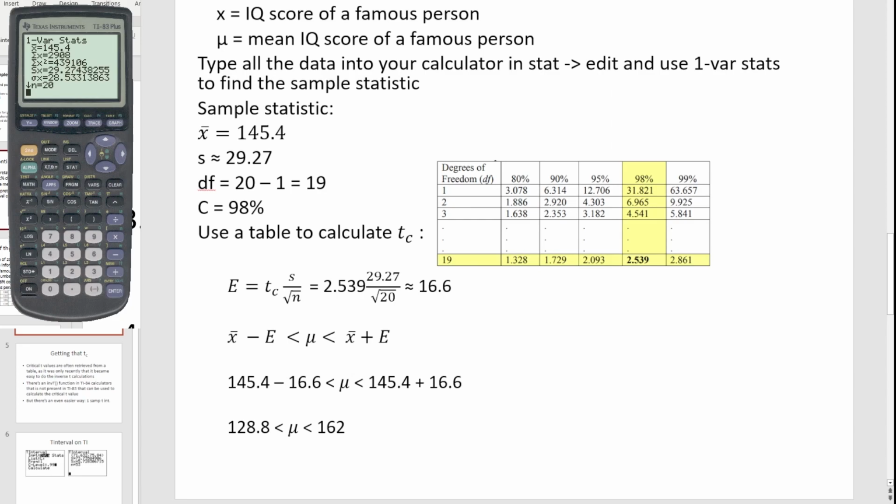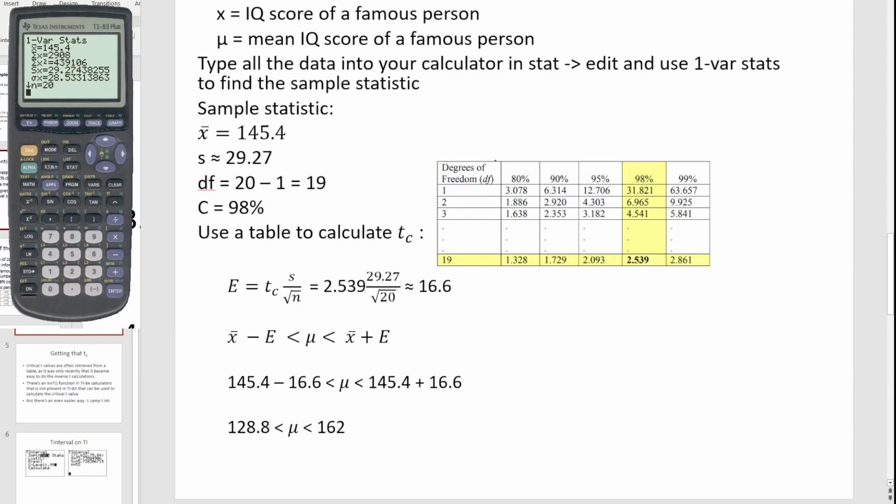Here, our statistical interpretation is that there is a 98% chance that this interval contains the true mean IQ score of a famous person. And the real-world interpretation is that the mean IQ score of a famous person is between 128.8 and 162.